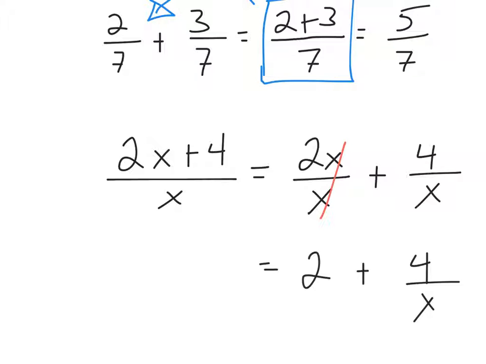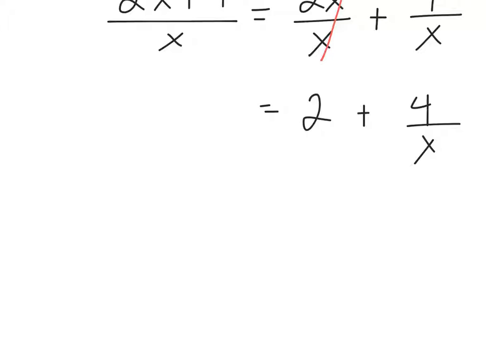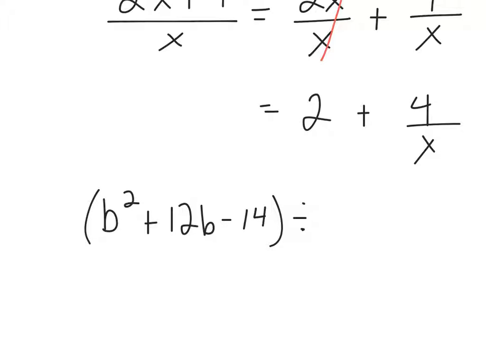So let's take a gander at slightly more interesting problems. So here we go. Let's take b squared plus 12b minus 14. And let's divide that by 3b.